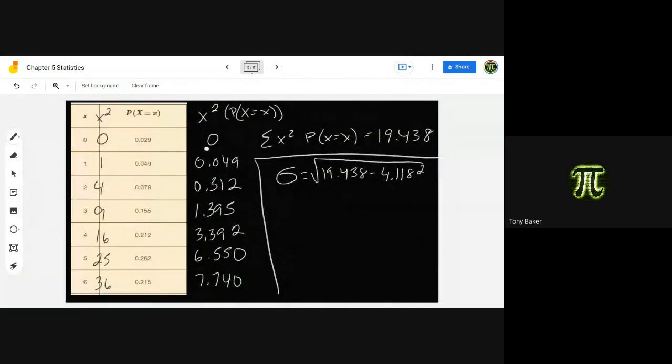And that's why this formula works, splitting it up, is because you already did the whole summation for the mean, so it doesn't need to have you do that again. So this one was 1.5. So that's my standard deviation.